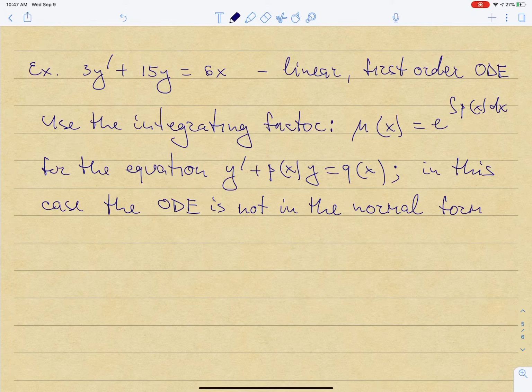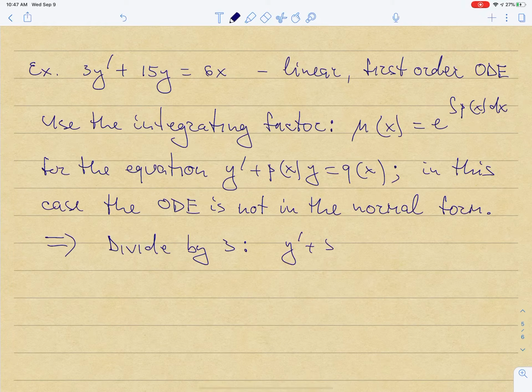To adjust this, we're going to divide the ODE by 3. If I divide by 3, then the equation becomes y prime plus 5y is equal to 2x. Now this is in the normal form.